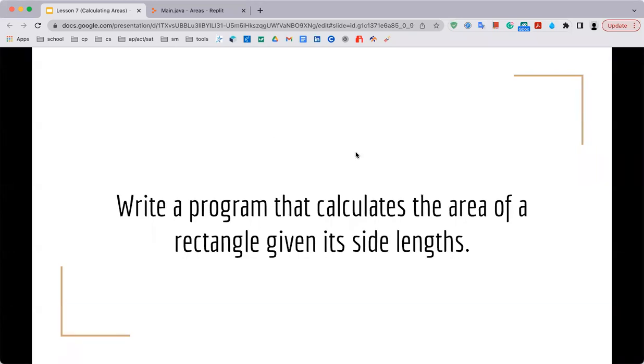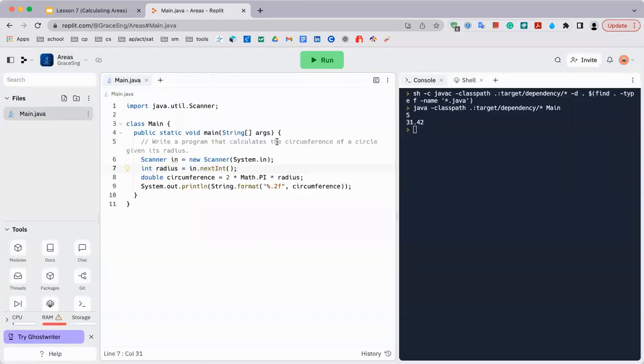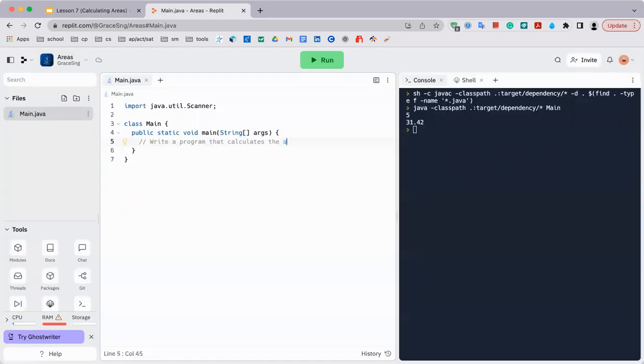Now let's move on to another shape that we all know, a rectangle. So now here we want to write a program that calculates the area of a rectangle given its side lengths. Okay, so our input here is going to be a bit different. A rectangle, we all know, has 2 dimensions.